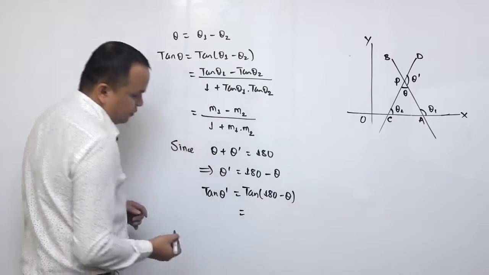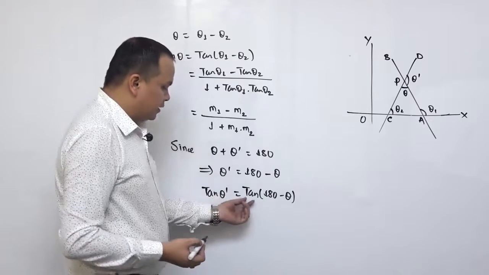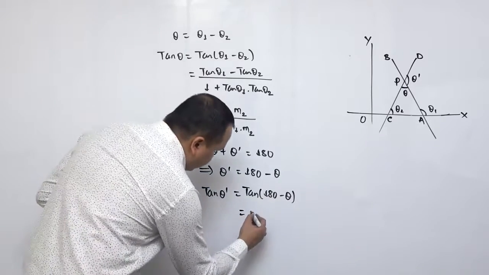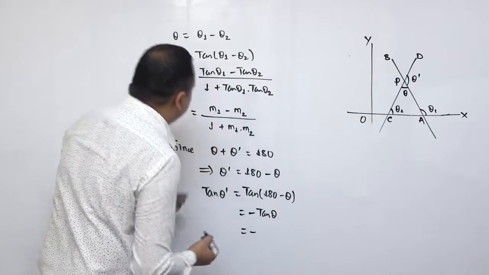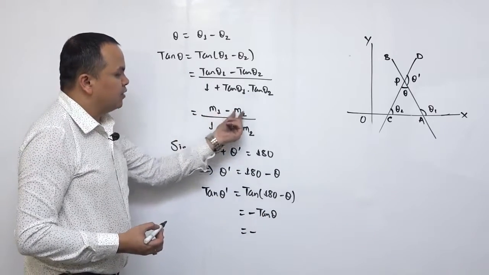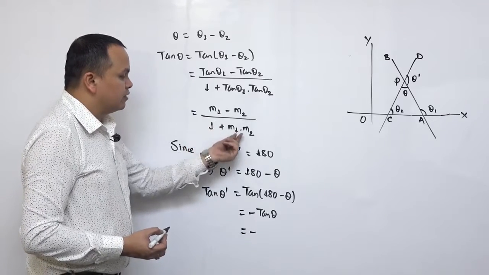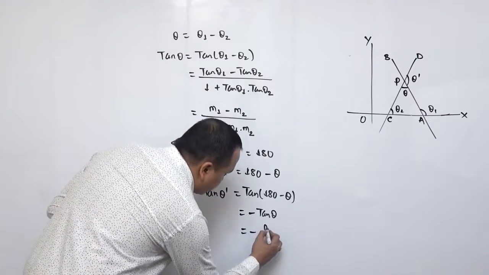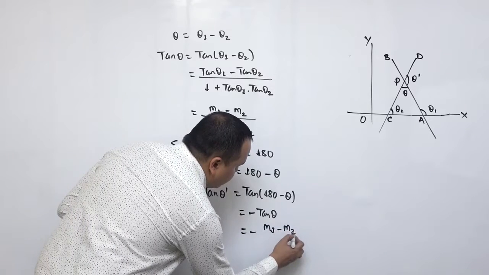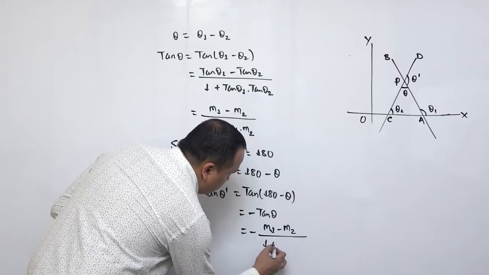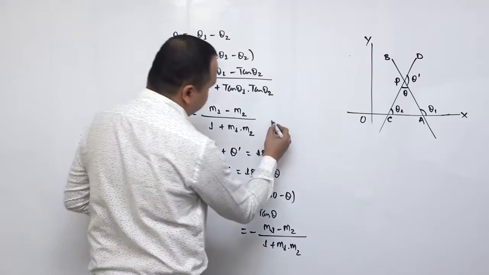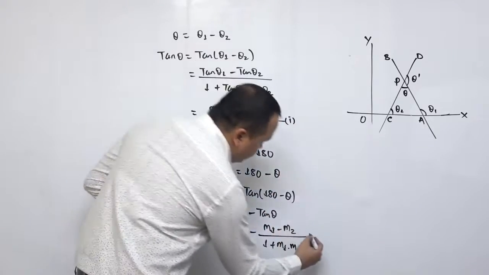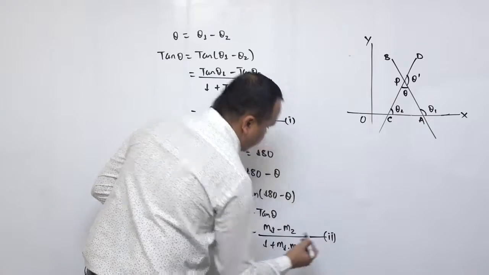By the CAST rule, tan 180 minus theta is minus tan theta, so tan theta dash is minus of m1 minus m2 upon 1 plus m1 into m2. This is equation I, and this is II.